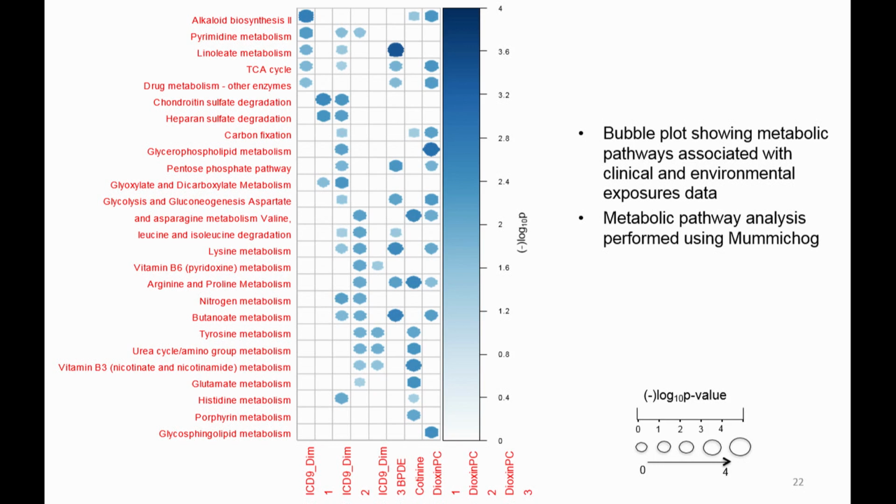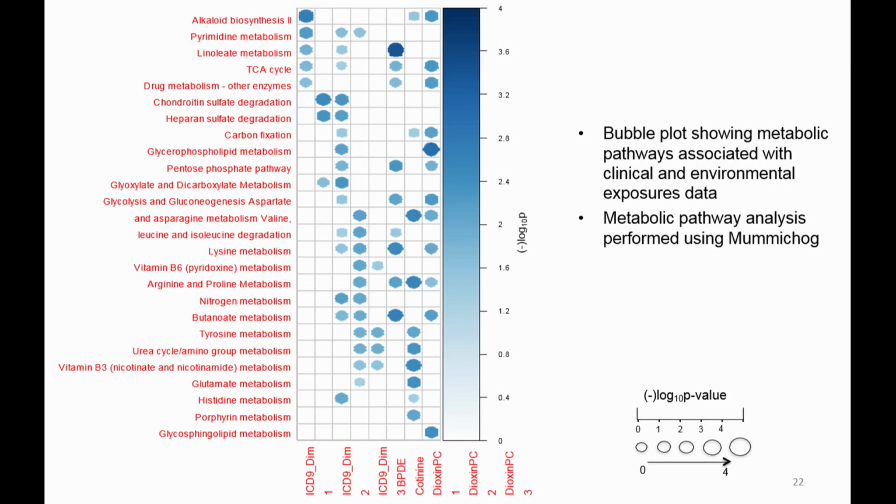So this is a bubble plot. On this dimension, we have metabolic pathways that were significantly associated with either one of the ICD-9 dimensions or one or more of the environmental exposures. So we are able to see that some of the metabolic pathways, they are common between the ICD-9 dimensions as well as the environmental exposures.